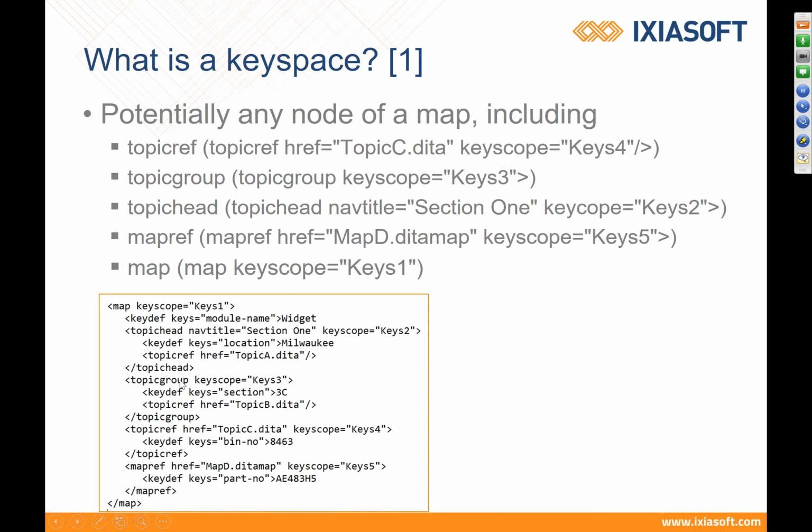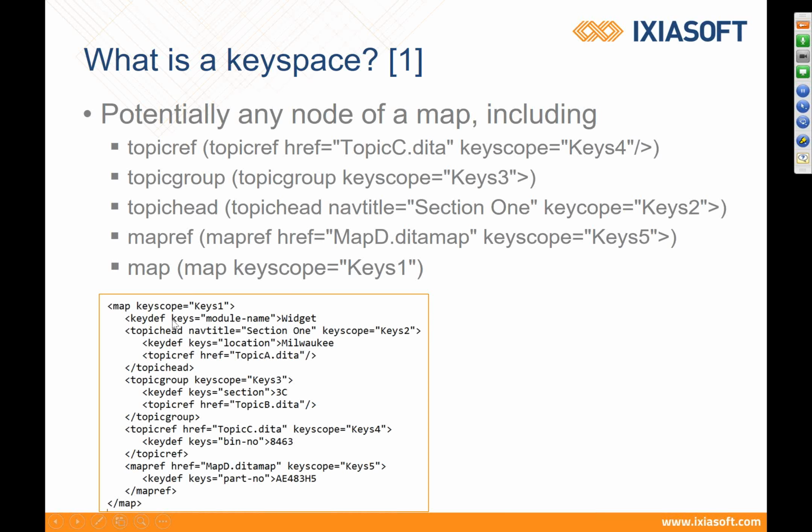After the topic head, I have a topic group, which has a key scope attribute which defines the entire topic group as a keys3 key space, and inside of that I have a key named section whose definition is 3C. Then I have a topic ref, which uses the key scope attribute to define that topic ref as a key space named keys4, and inside of that I have a key named bin number defined with a definition of 8463.